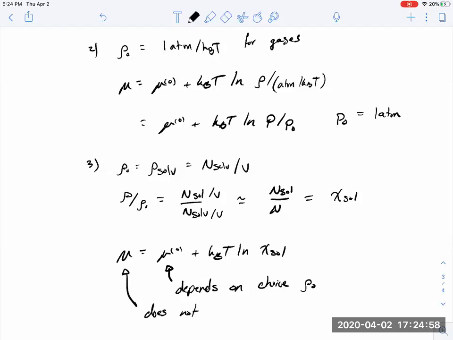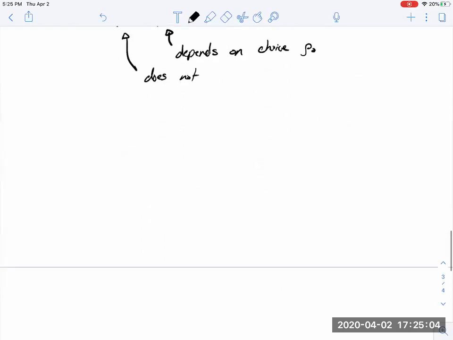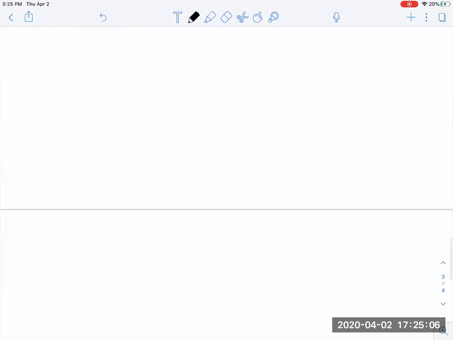It really plays the same sort of role as the ideal gas law for telling you about the pressure. So to make some sense of this, let's first try to understand this standard state chemical potential a little bit more.